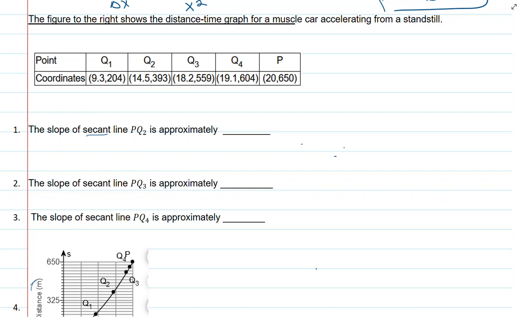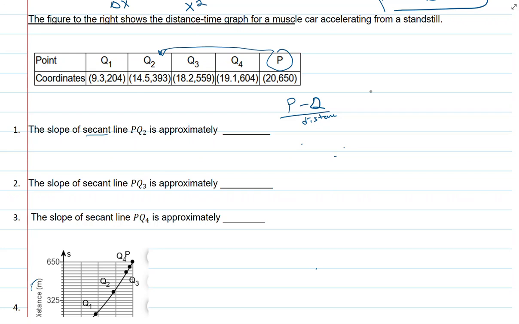The slope of the secant line from P to Q2. All right. So that means that we want the average rate of change. Average, because we've got 2 points, right? So we're going to have P minus Q over the distance. And that's just X of P. I'm not going to write all of it.